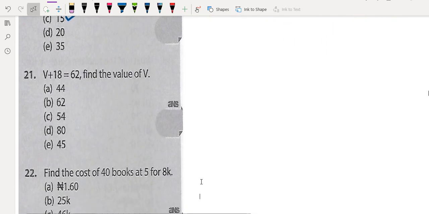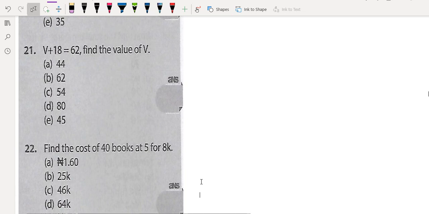Number 21. Find the value of V. Solve quickly. V plus 18 is equal to 60. V is equal to 60 minus 18, which is 42.